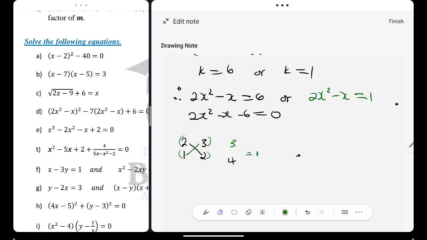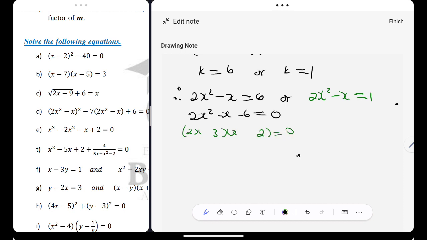So when I write, I'll just write them as 2x and 3, x and 2, just like this. Are you together?